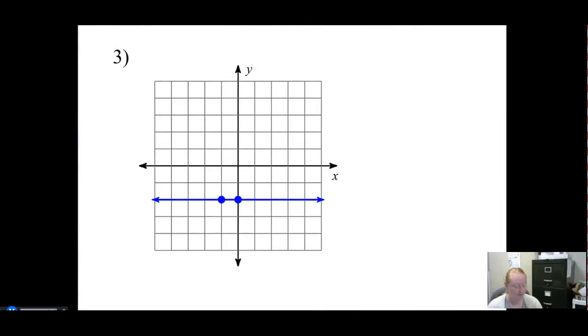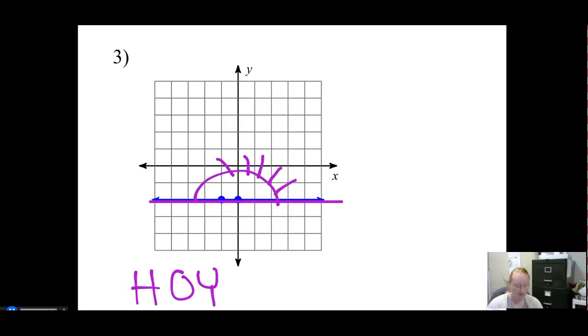Number 3. I've talked about Vux and Hoy. This is a Hoy graph. Okay? It is a horizontal line. It looks like the horizon. My favorite horizon is a sunset. Okay? It is a horizontal graph, so it makes a Hoy.